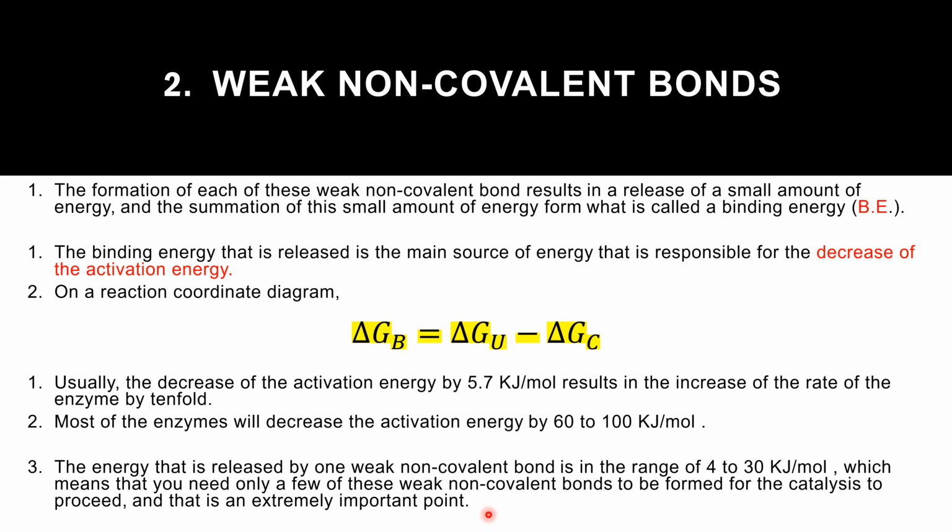Because if we needed a certain threshold number of non-covalent bonds to start the catalysis, to go through the enzyme action, then that would be the harder one, the demanding one.